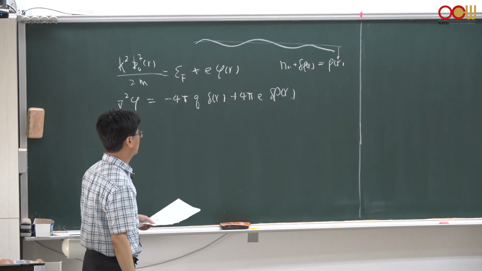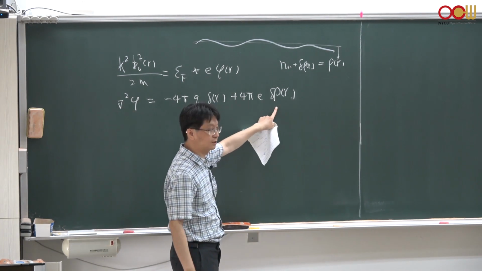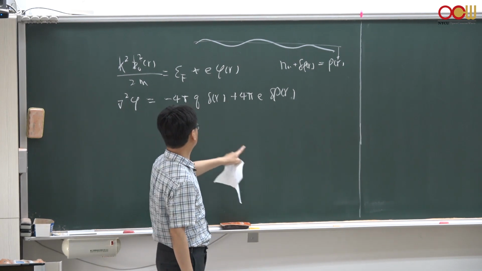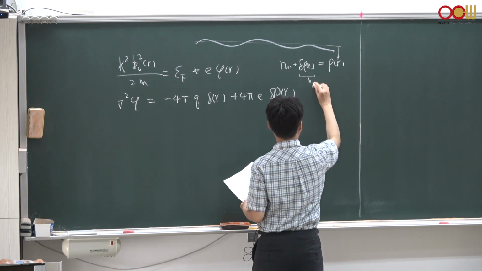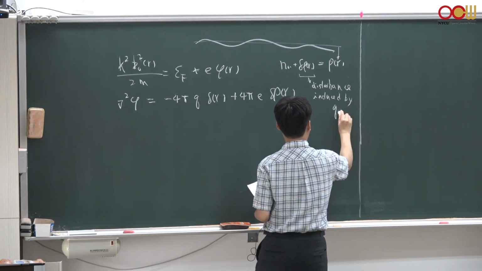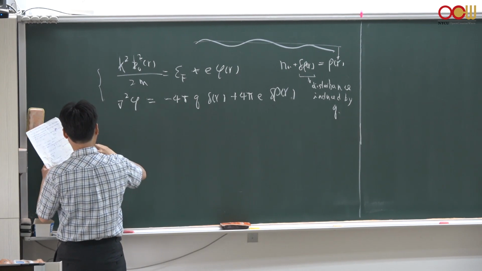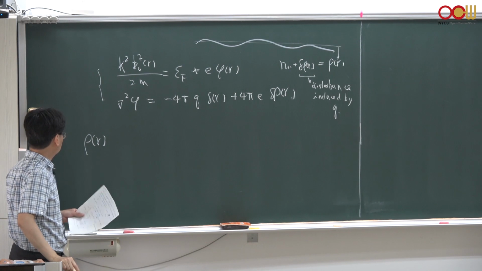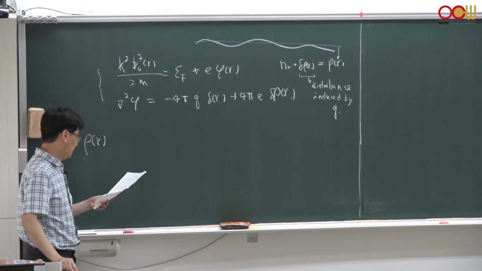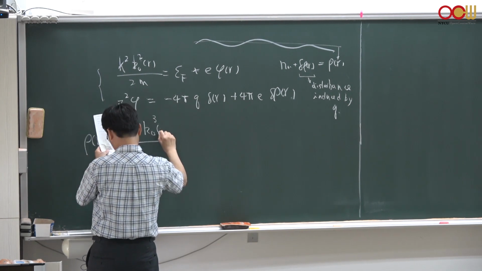And these variations are nothing but the charge disturbance induced by this test charge Q. So we could simply calculate this net charge distribution, rho of r, quantum mechanically, because we know that it is related to this Fermi momentum.